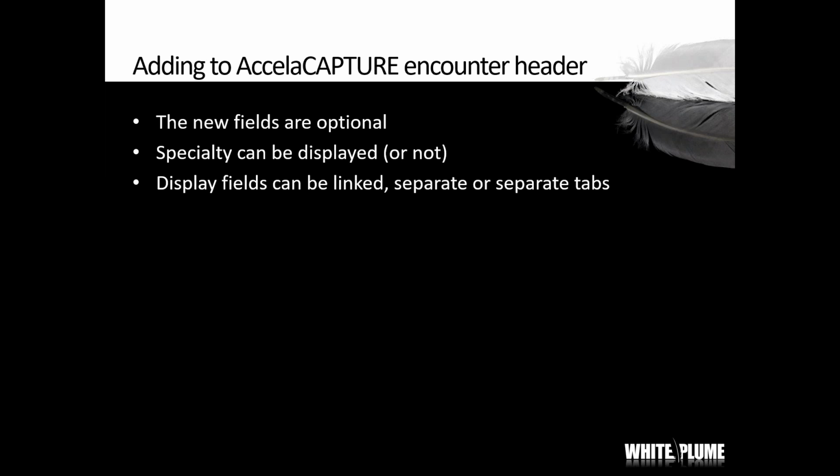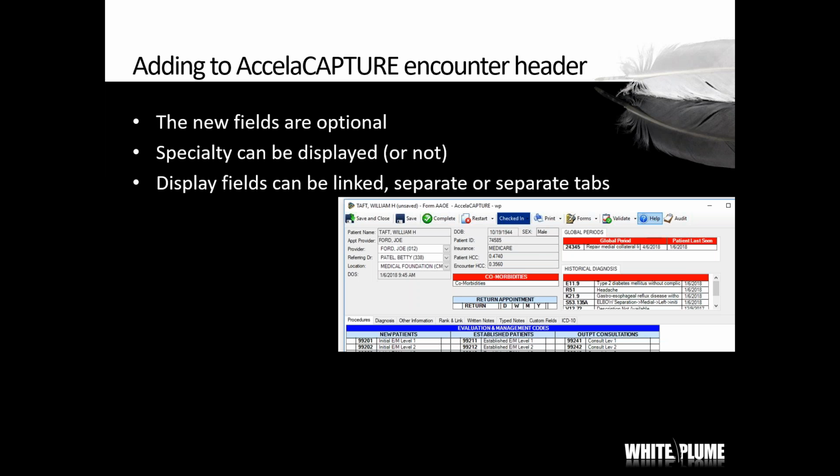To me, a visual is much easier than me just telling you what that looks like. So this first option that I want to show you shows, and let me point this out, we've got the global period information here, historical diagnosis information here. This is just some demo information to give you an idea of what at least one option looks like. Let's go through this global period a little bit more specifically.